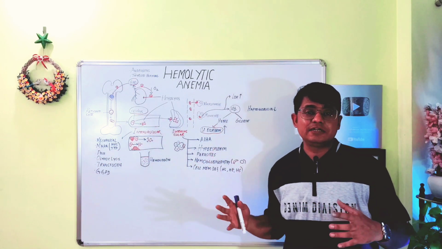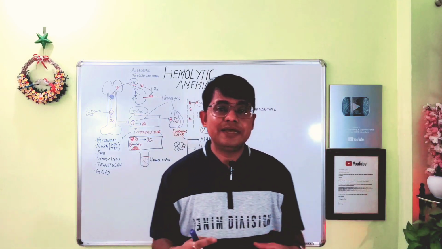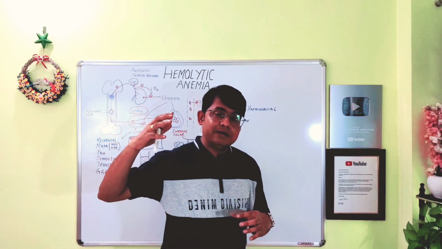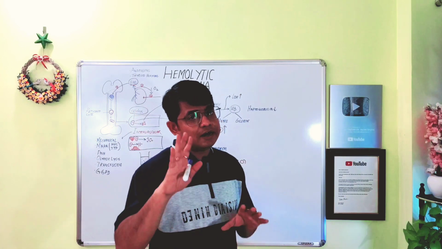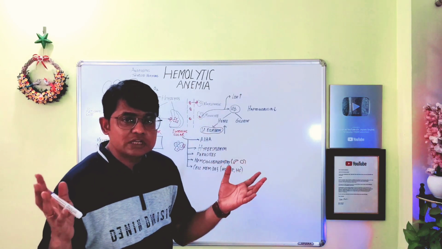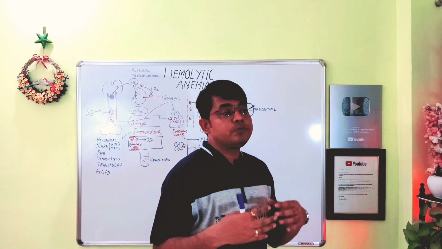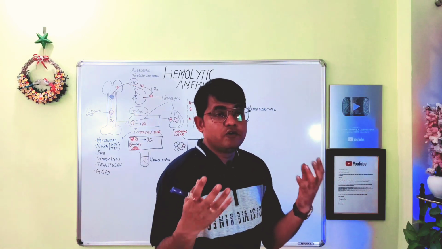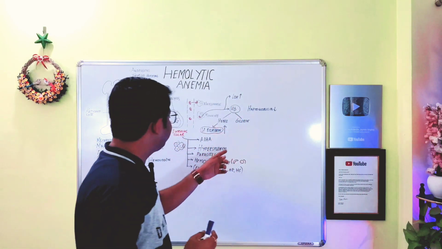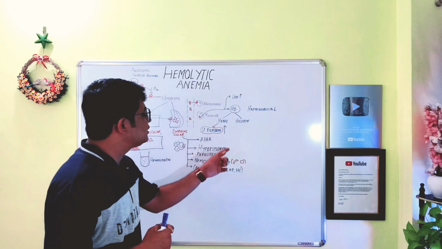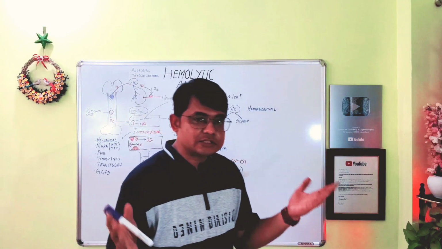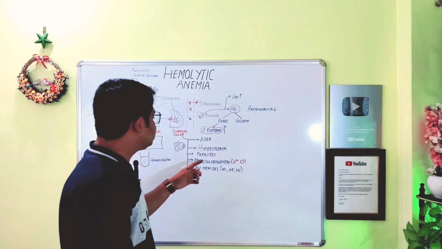When it is hyperactive, it can easily kill a lot of RBCs without proper stimulation, without fulfilling the proper criteria. In hypersplenism there is also destruction of the RBCs, and also formation of some hemolytic anemia.